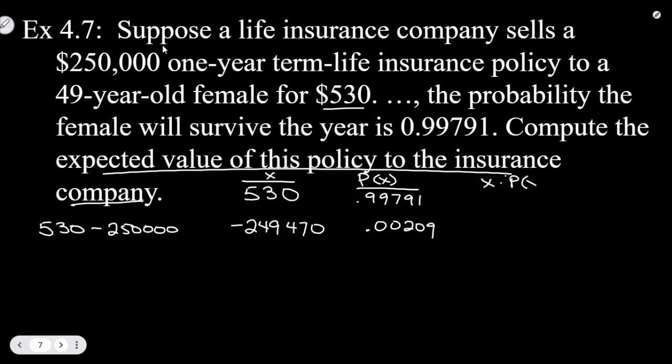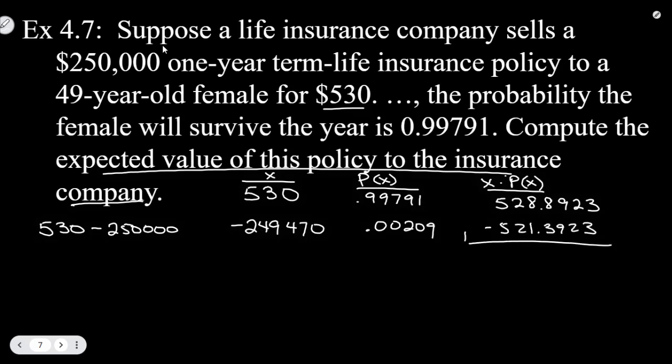So to find the expected value of this policy for the insurance company, again, we're going to do X times P of X. We're going to take 530 times 0.99791, and we're going to get 528.8923. Then when we multiply the other one, negative 249,470 times 0.00209, that is negative 521.3923.